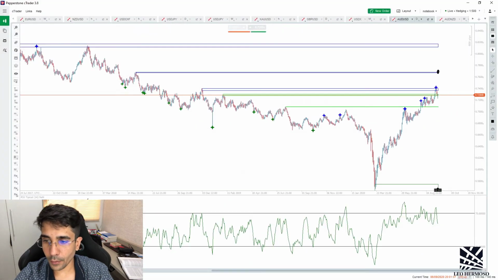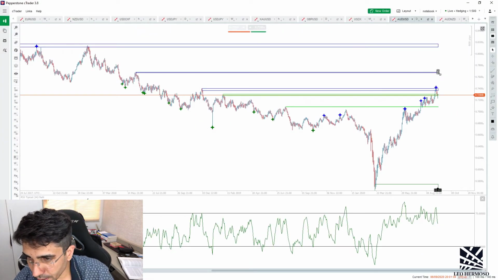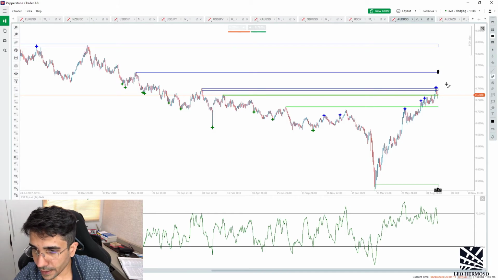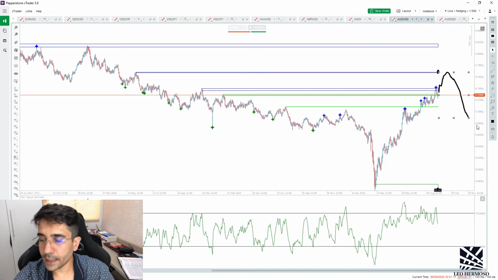With the same speed that we see price reaching this level, I think we are going to see something like this. Okay, so that's it. I think that's the move we are going to see on the Australian dollar.